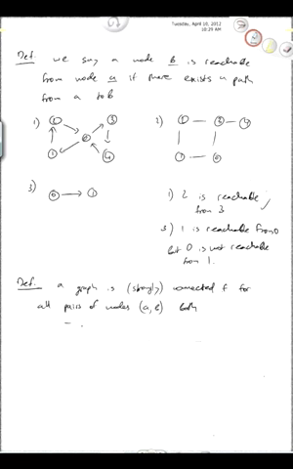So both A is reachable from B, and B is reachable from A. The reason I put the word strongly in parentheses here is because oftentimes people will just say connected, and what they really mean is strongly connected.